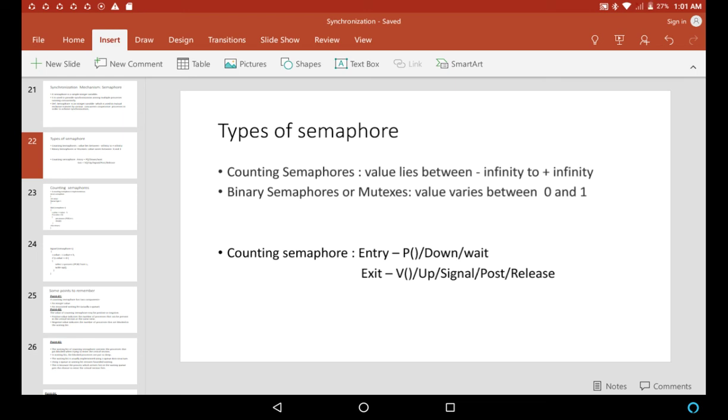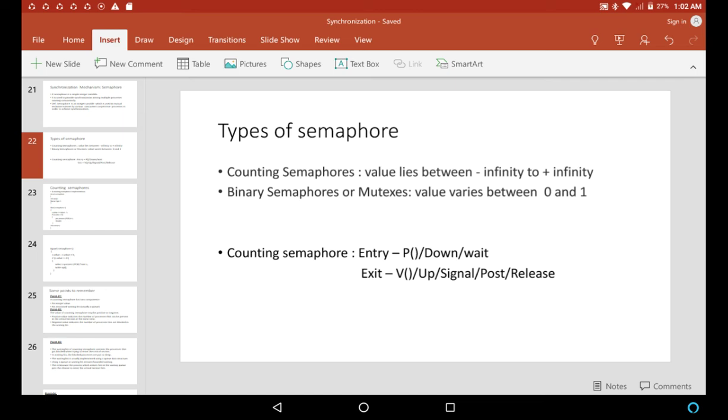Now in entry code and exit code there are various operations performed, and these operations are used in semaphores. In the entry section, for counting semaphore, there is the P operation, which is also known as the down operation or wait operation. These are synonyms for P operation.